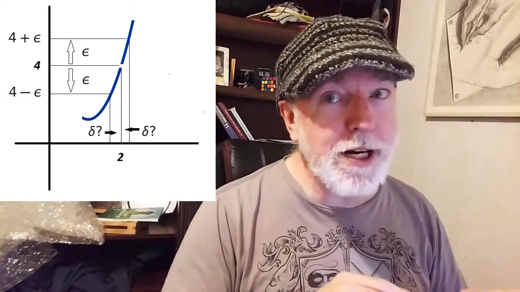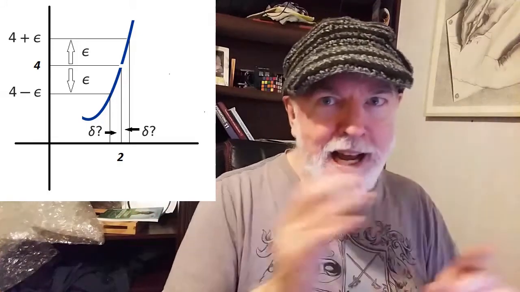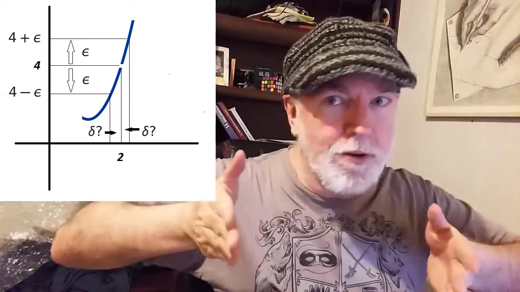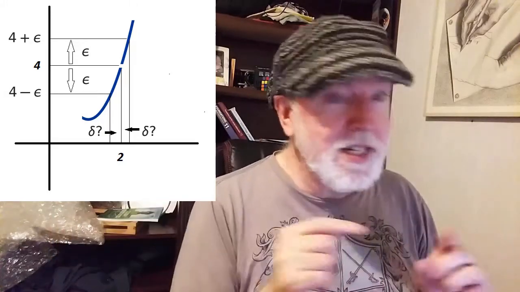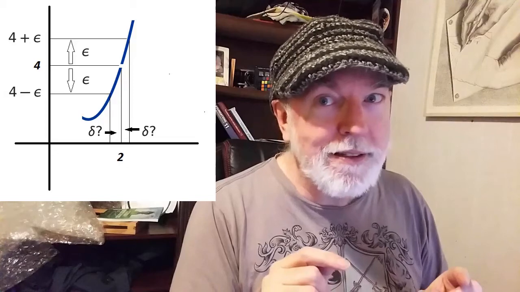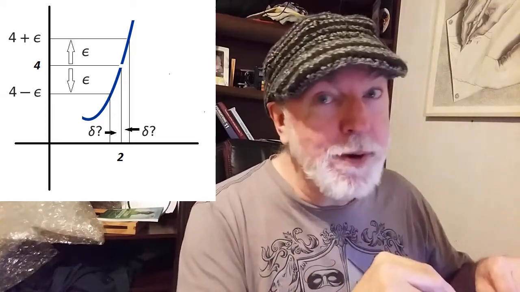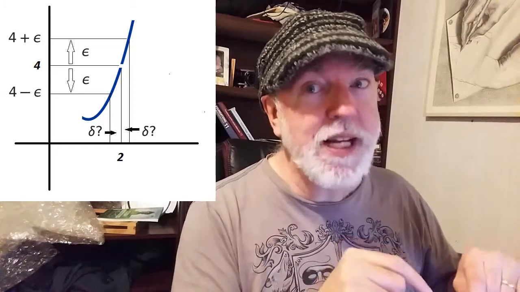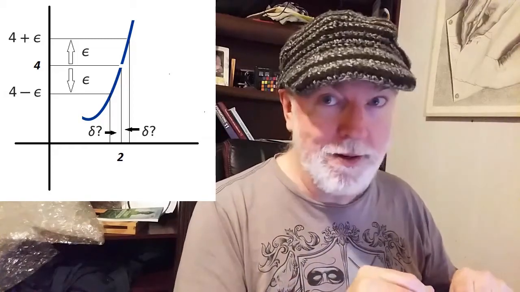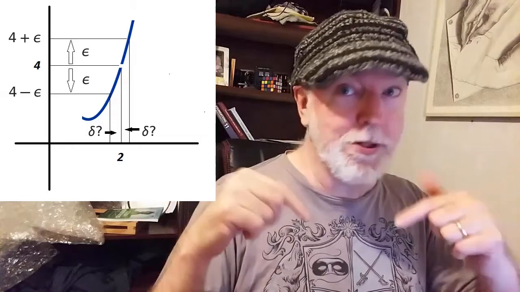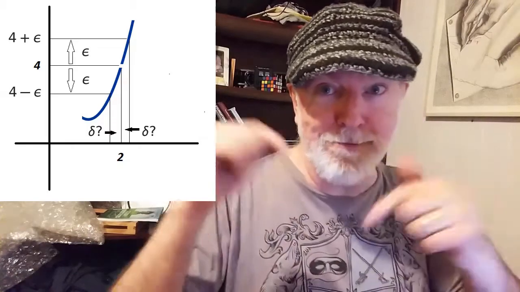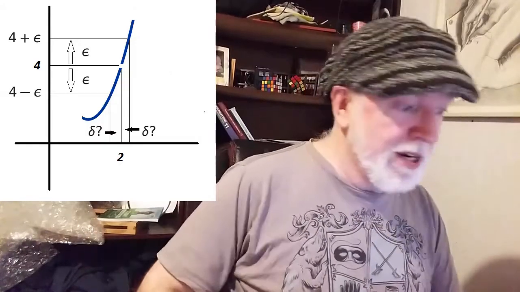And now you'll notice that on either side of that epsilon, those vertical lines are different distances from 2. So my question for you is, which of these is the real delta and which of these is the fake? And you post your opinions down there in Commentville.